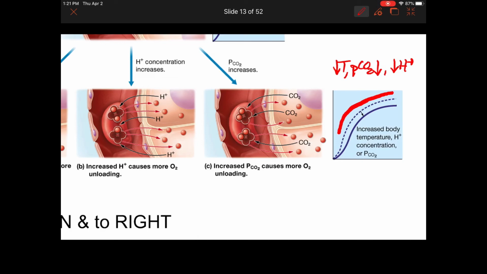So under those circumstances, we would have a graph that looks roughly like that. And in fact, this type of shift in the graph is called the Haldane effect.